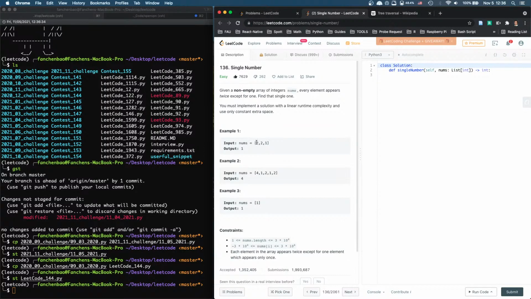So when we traverse through, so we have 2. How do I remember a 2 already exists? Each element appears twice, except for one element which appears only once. So we traverse.